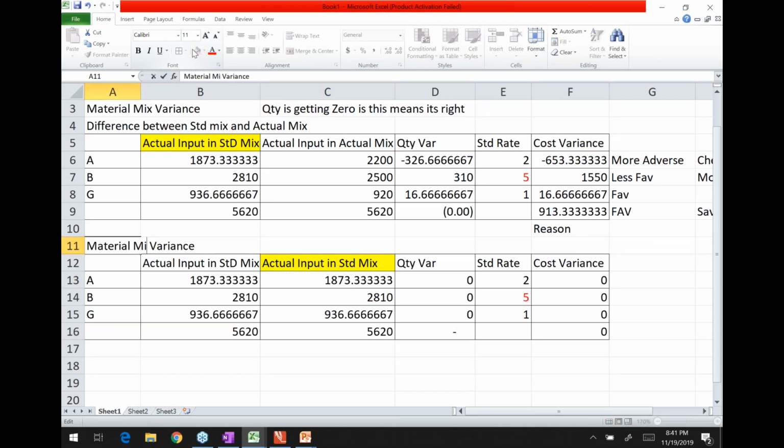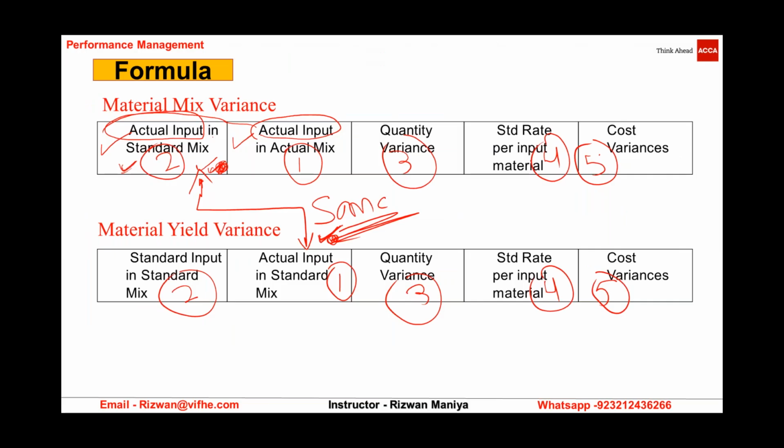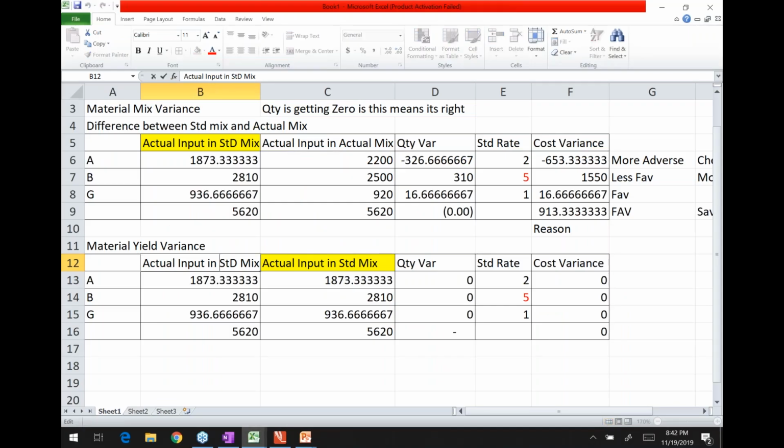Otherwise, you will think that I'm still working on the same one. It's yield. Now, as per the formula, the second is standard input in standard mix. So let me make this standard input in standard mix. How do we calculate this?